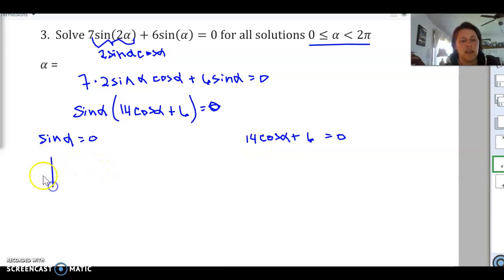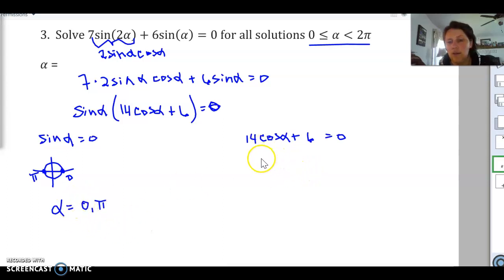So sine alpha equals 0. Well, sine of 0, you guys should be getting really good at this, is here and here. So between 0 and 2 pi, it's going to be 0 and pi. So this side, I get alpha equals 0 and pi. We will add on to that over here.